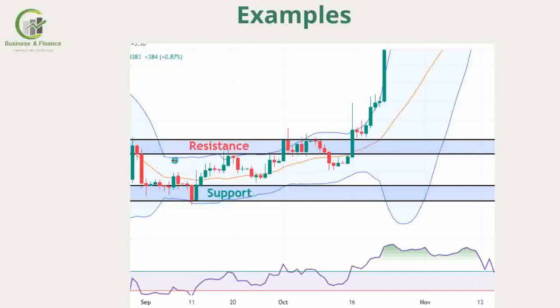Once it has made the expansion, it is natural that it will cool down or shrink or contract. So we call it a contraction or shrinking of Bollinger Bands.